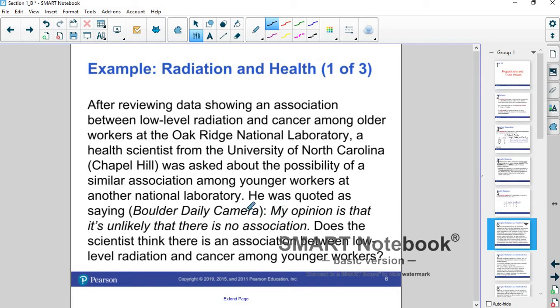And so according to this researcher, he was quoted to say, "My opinion is that it's unlikely that there is no association." What? What exactly are you saying here? Well, my opinion is that it's unlikely, a negative, that there is no association, a second negative.